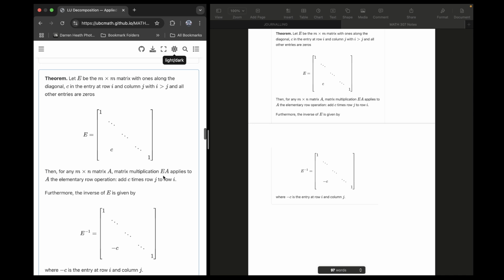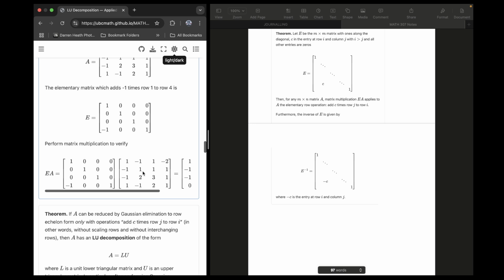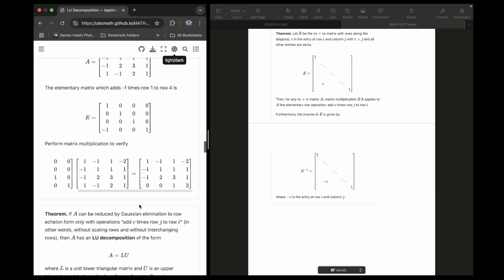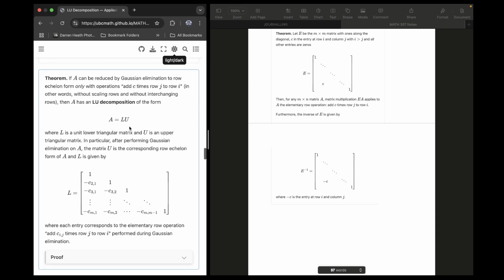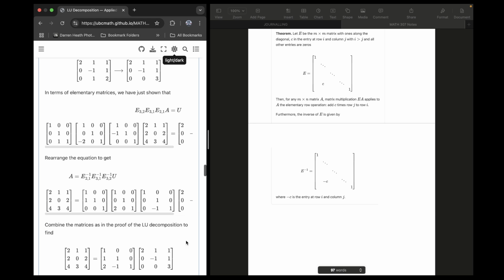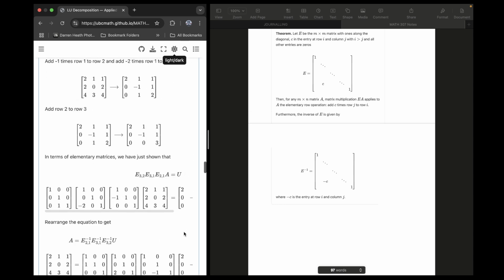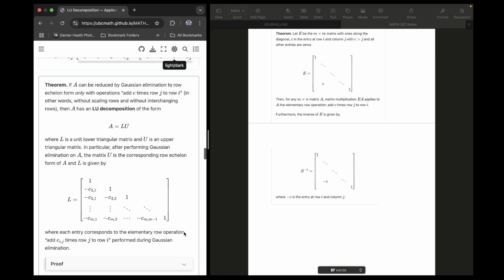Okay, so we're gonna do all this in Python in the class, I hope, because I'm not trying to do this by hand.